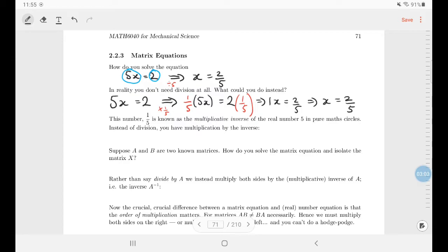So if you want to divide by 5, that's the same as multiplying by 1/5. It's the same thing, which is the inverse of multiplying by 5. So dividing by 5 essentially is the same as multiplying by 1/5.